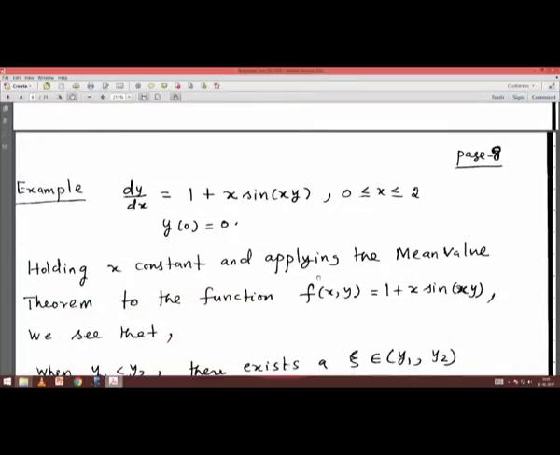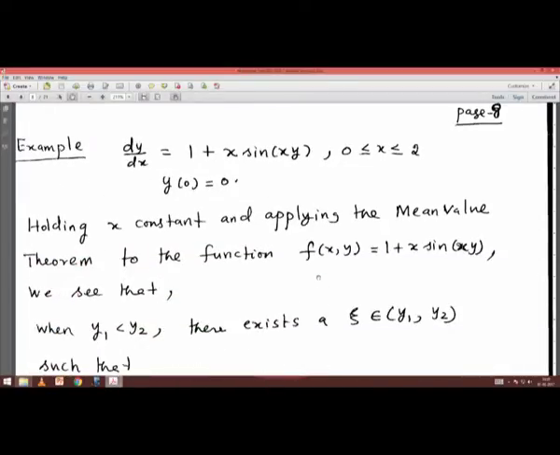So, let us consider an example. Say dy/dx is 1 plus x sin(xy) for x lying between 0 and 2 with y(0) equal to 0. I would like to check whether the function f(x, y) satisfies a Lipschitz condition. So, I would like to find what is f_y.